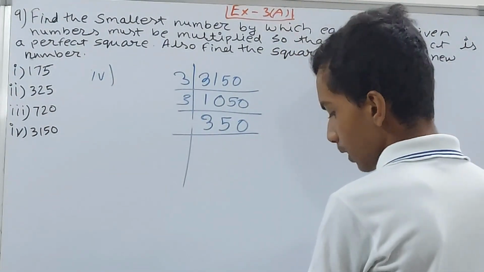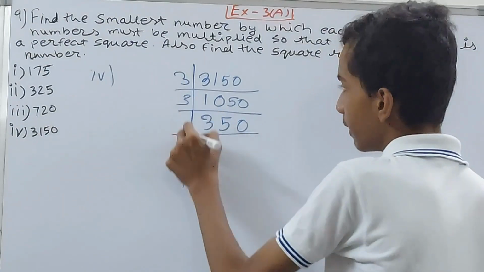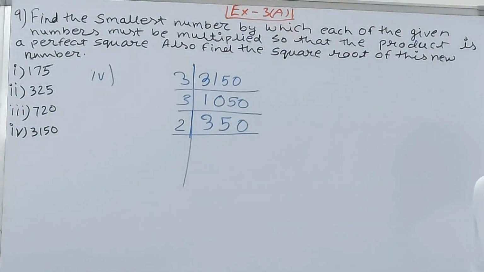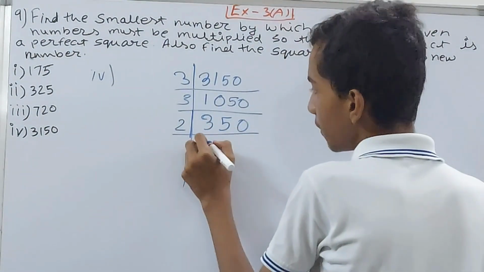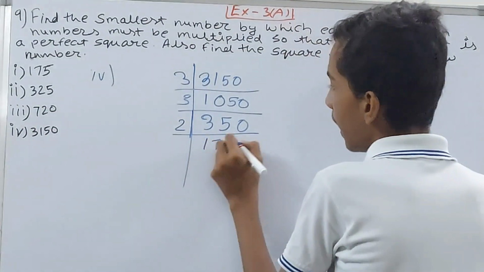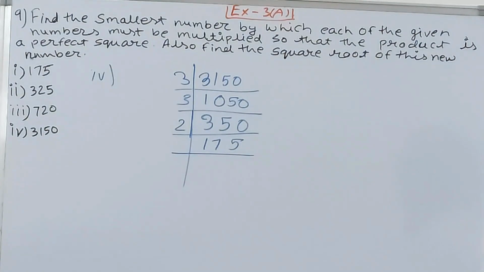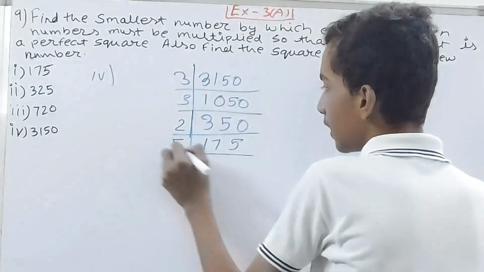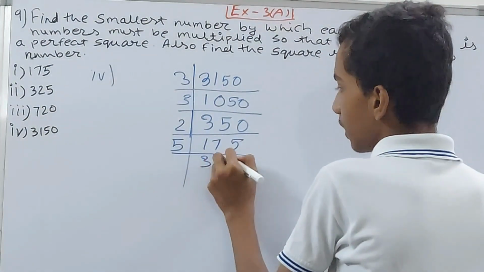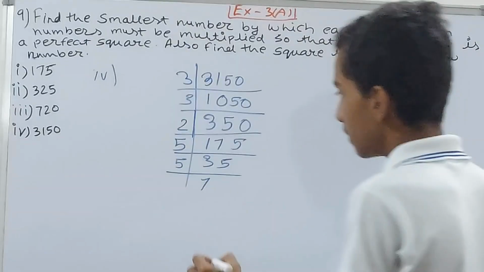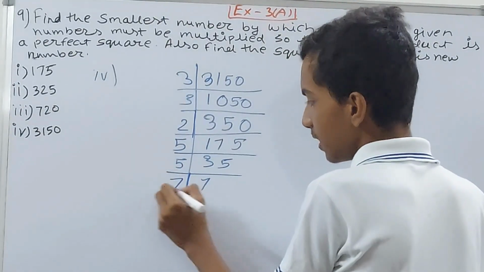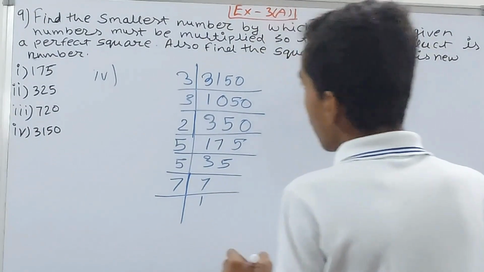Let's use here 2, so this will be much easier. See that 2 35 it will cut it, so 175. Now 175 will go by 5, so 35 there, 5 again will be 7 and now 7 again, so 1.